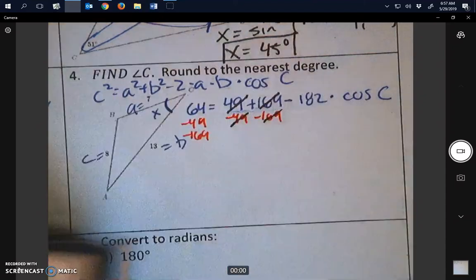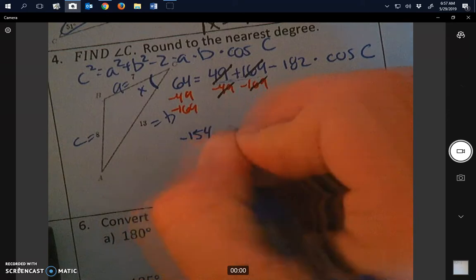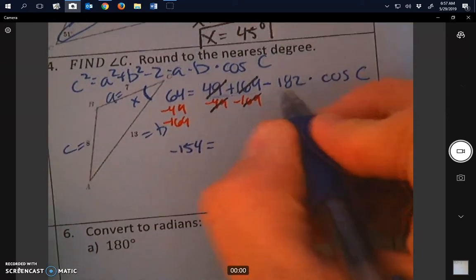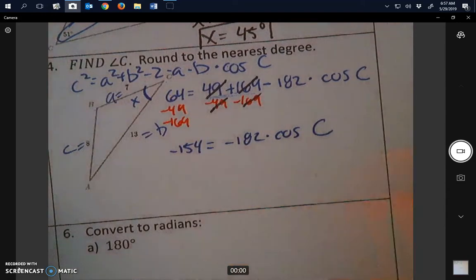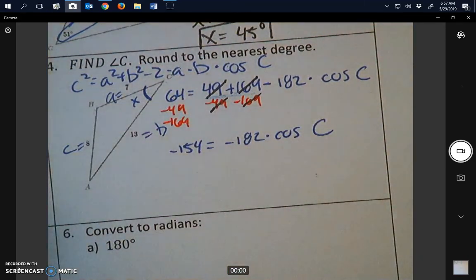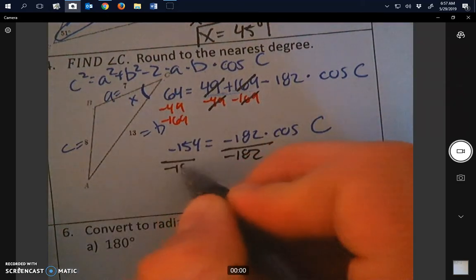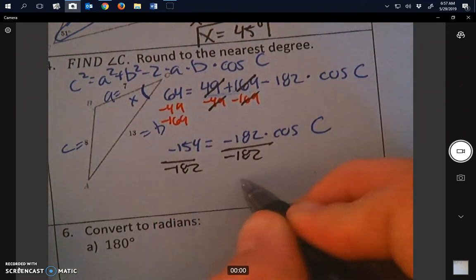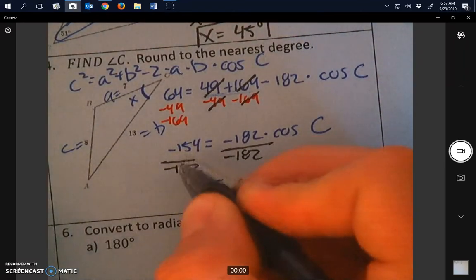We get negative 154 is equal to negative 182 times cosine of c. All right, so now we got to divide by negative 182. And that's cosine c now by itself. And these are both negatives, they turn positive.